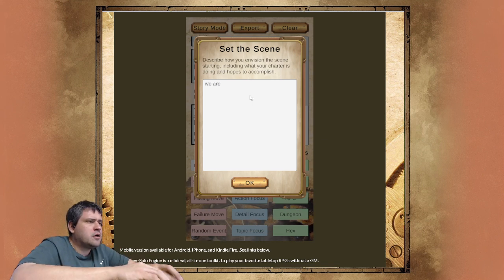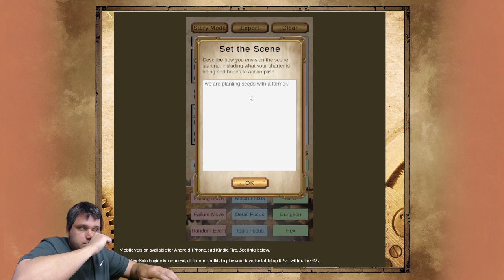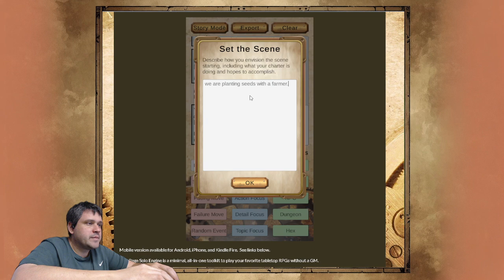So we are planting seeds with a farmer. The farmer is disgusted by the large dead whale on the beach.